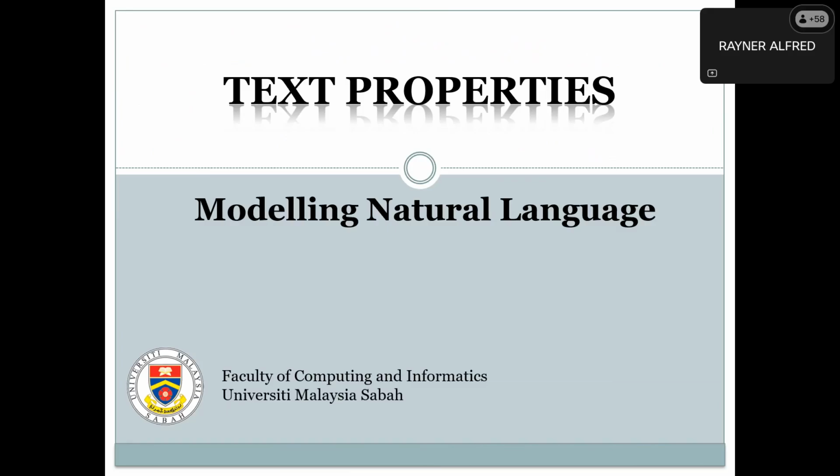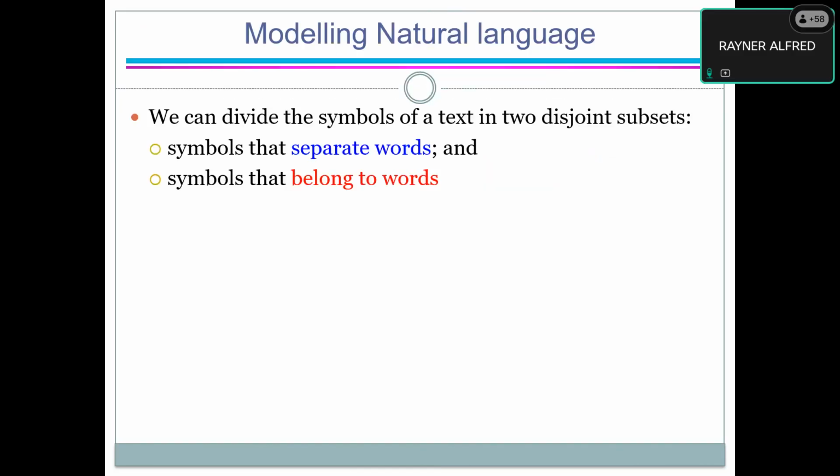Okay. Now we look at how we model natural language. I think you have covered some of this topic in your text mining, so more or less similar. In natural language modeling, we can divide the symbols of a text into two disjoint subsets, or we can do tokenization.